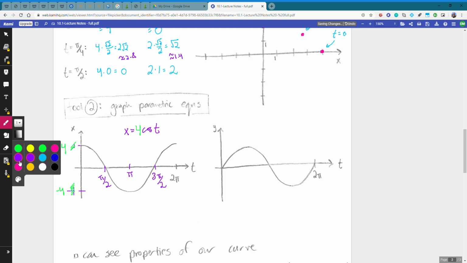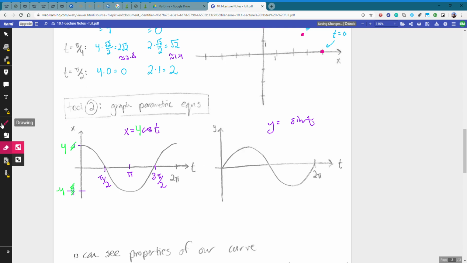And over here, we can play a similar game to get a graph of y, which is 2 sine t. And once again, we can play this little game. We can first get a graph of sine t. It looks like this from 0 to 2 pi.